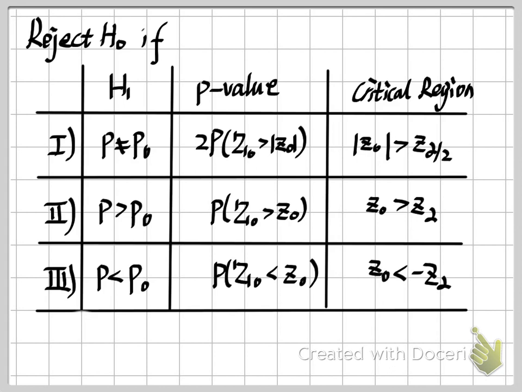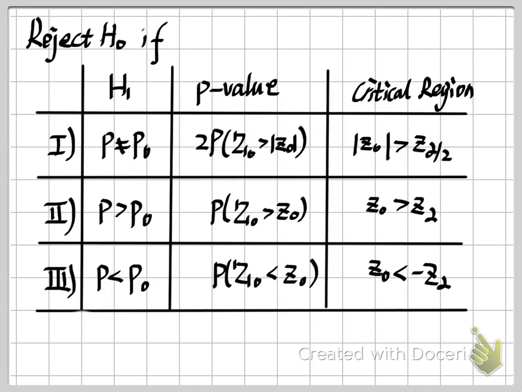Another way to decide whether we can reject our H0 is to look at the critical region. For the first case, because this is a two-sided test, we reject if the absolute value of Z0 is greater than Z alpha over 2. We have alpha over 2 because this is a two-sided test.